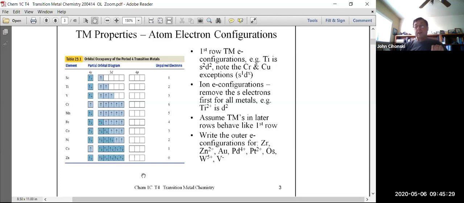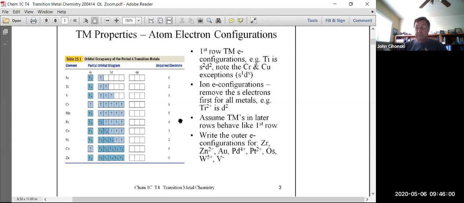So when we talk about a completely filled shell with transition metals, we're talking about an 18 electron system. And we will see later when we get into the complex ions or coordination complexes why that is important.